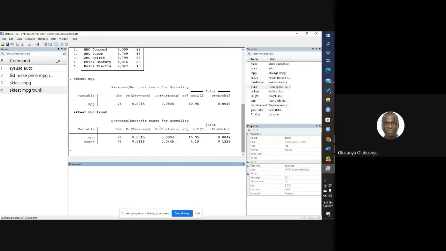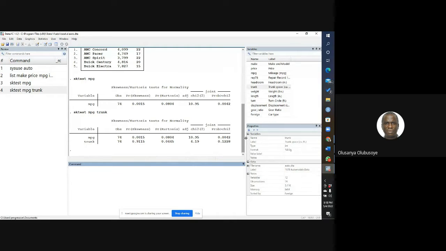But you cannot take a final decision if you don't combine the skewness and the kurtosis. So the joint test that we are using combines both the skewness and the kurtosis, and that is the one we will use to take a final decision.